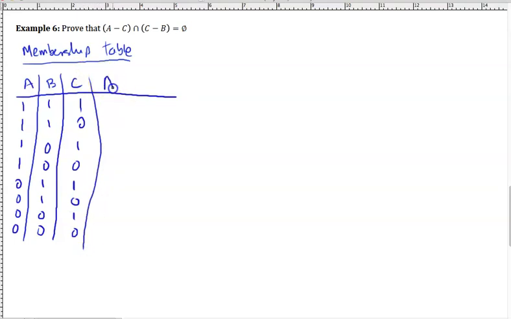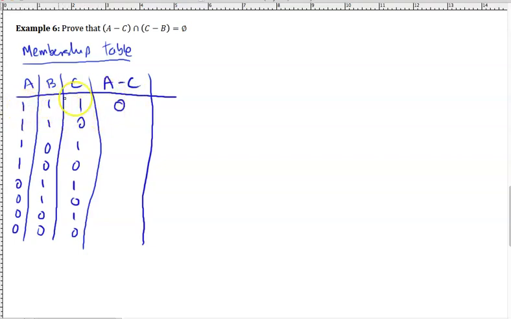Oh my god. A minus C. Okay, so let's see what that means. A minus C means that the element is in set A, but not in set C. Okay, so if you're comparing ones and zeros, I have 1, 1. That means the element is in both sets. So A minus C is going to be 0.